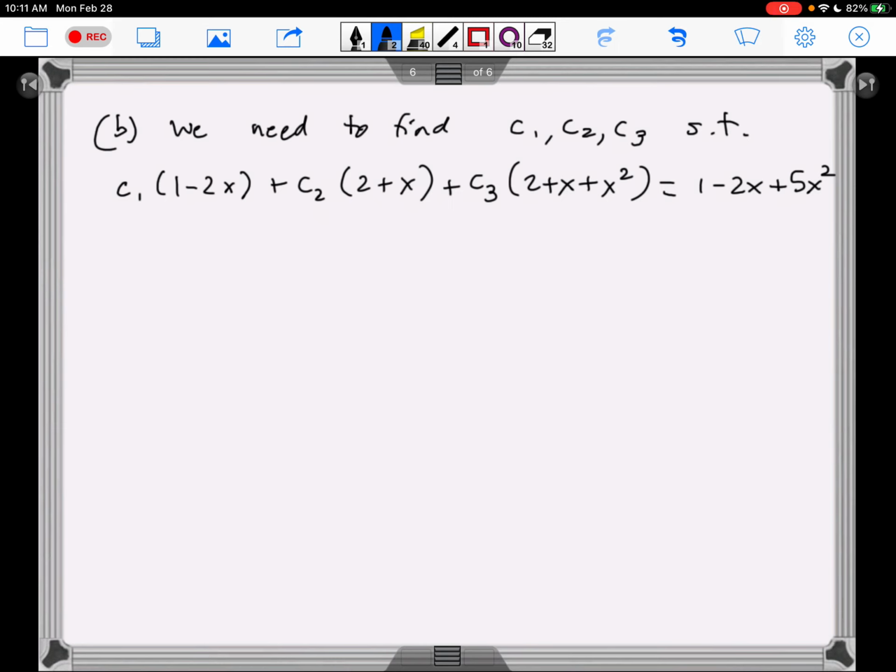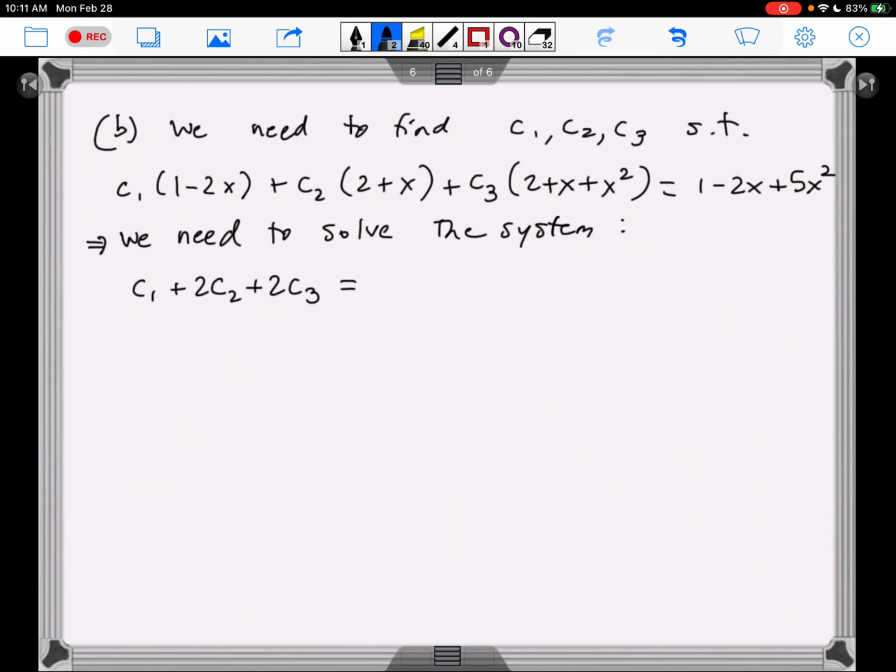Okay, so think about it, right? This is just going to give us a system. Let's just do the constant coefficients first. This means that we need to solve the system: C1 plus 2C2 plus 2C3 is equal to 1.